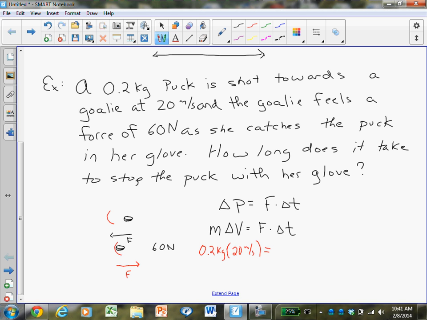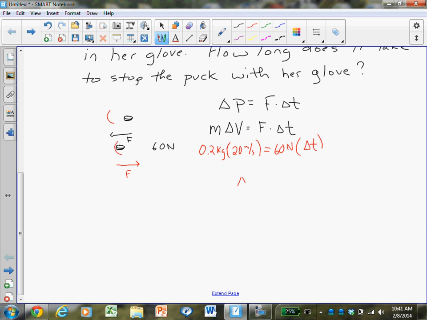And then F is 60 newtons, and we're wondering how long it's going to take. So we can see that delta t is 4 kilograms times meters per second over 60 newtons. So delta t equals 0.067 seconds. And so a short amount of time to stop that puck.